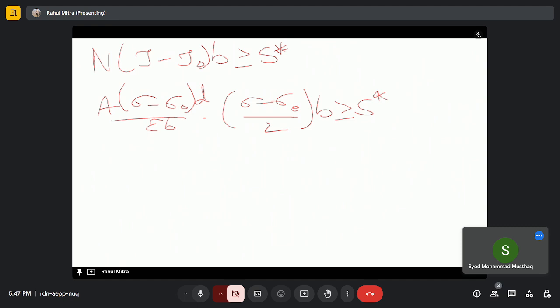Then these two will multiply and turn out to be sigma minus sigma naught by 2 whole square. So 2 doesn't come here, 2 will not come.